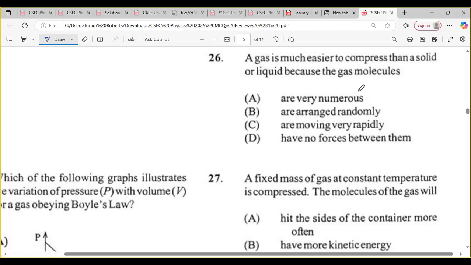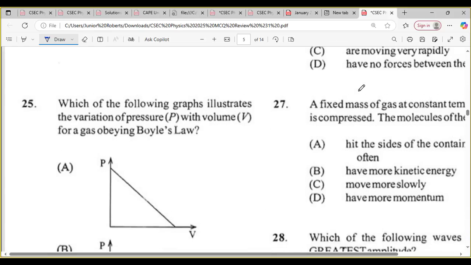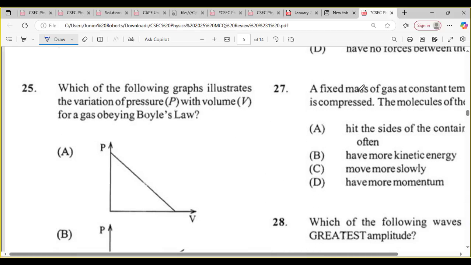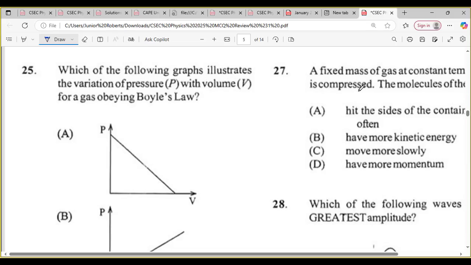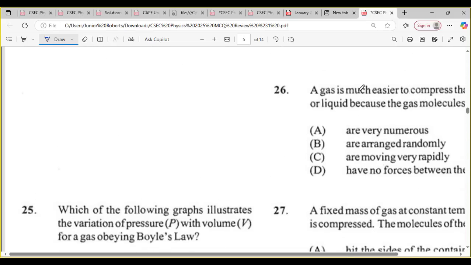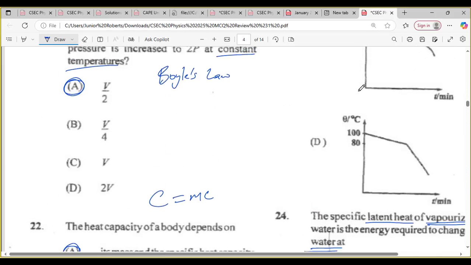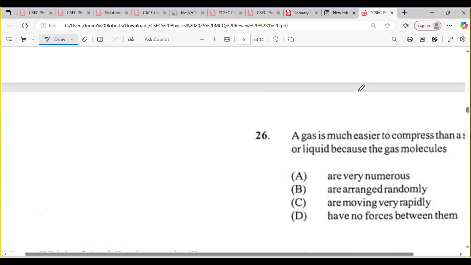So 24 is C. 25 now says, which of the following graphs illustrates the variation of pressure with volume for a gas obeying Boyle's law? We saw that earlier. We said that volume and pressure are inversely proportional.